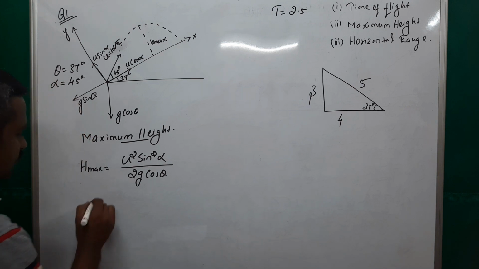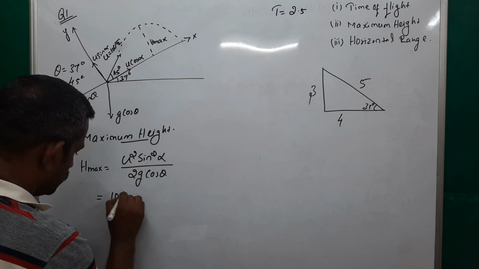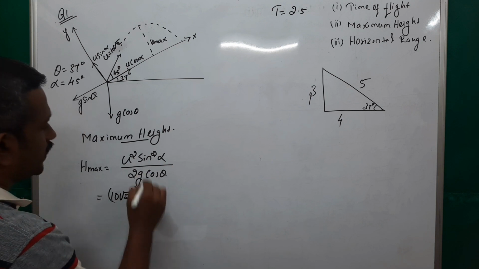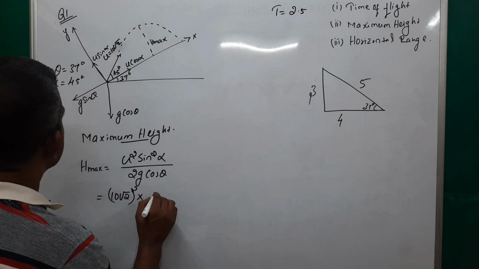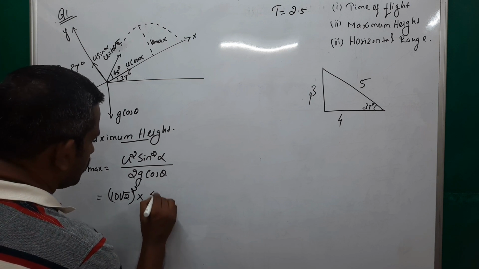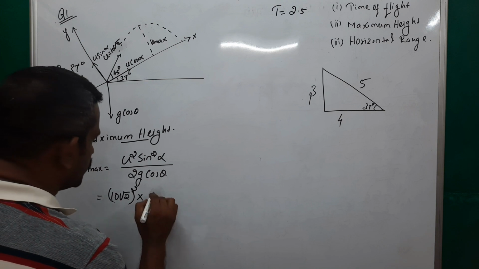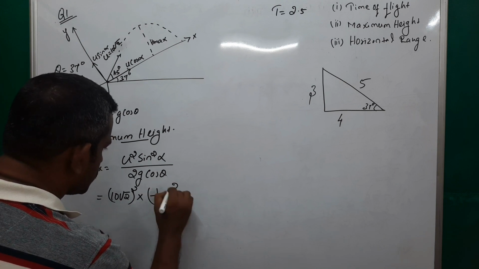Okay, so direct substitution: u square is 10 root 2 the whole square, into sin square alpha, sin 45. What is the value of sin 45? That is 1 by root 2, the whole square.